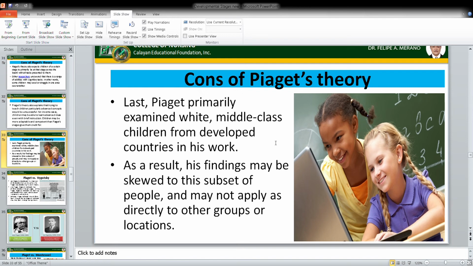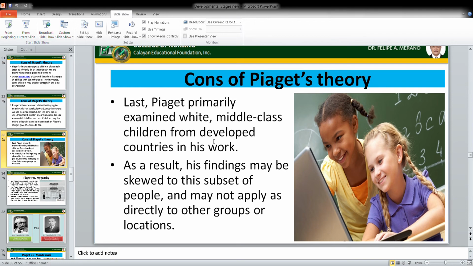And another thing, Piaget primarily examined white middle-class children from developed countries in his work. As a result, his findings may be skewed to this subset of people and may not apply directly to other groups or locations. Based on what was examined by Piaget, only white people were observed as part of the study, and in developed countries.